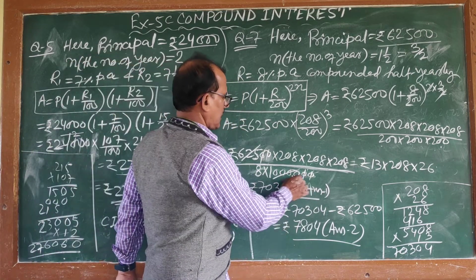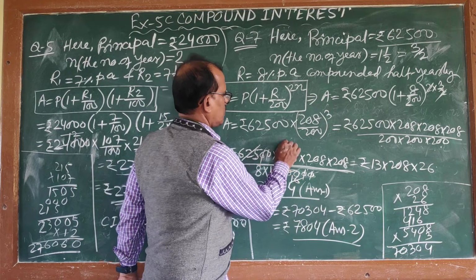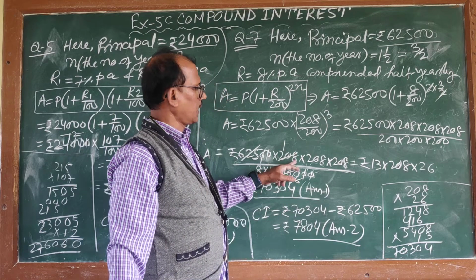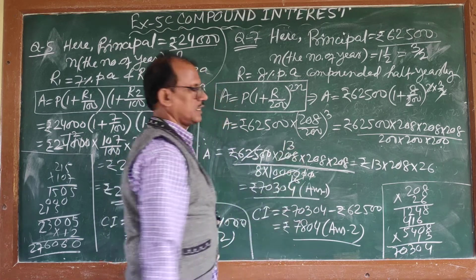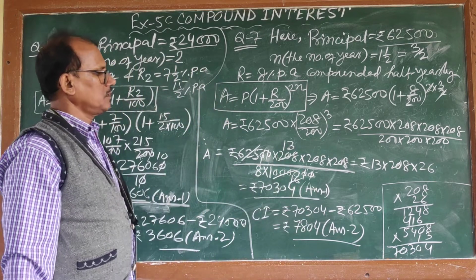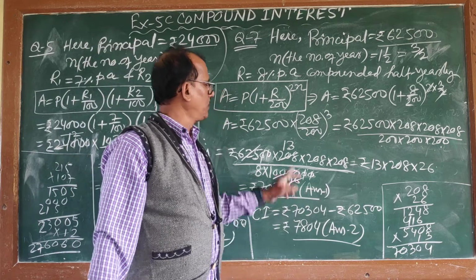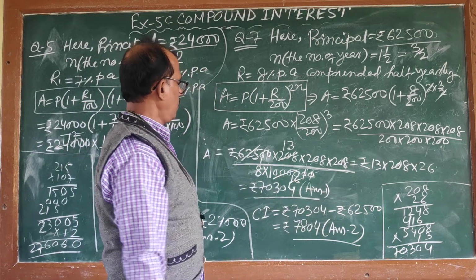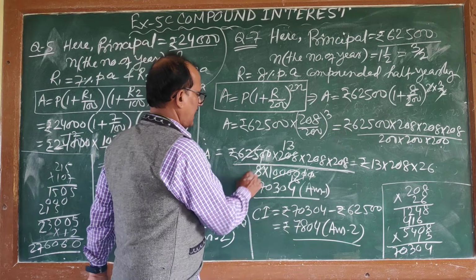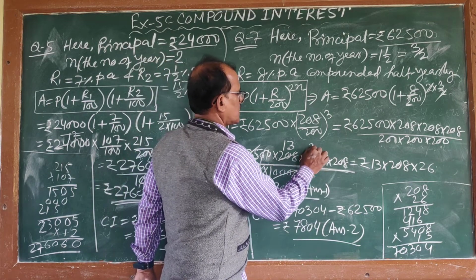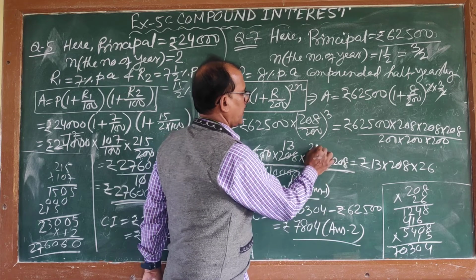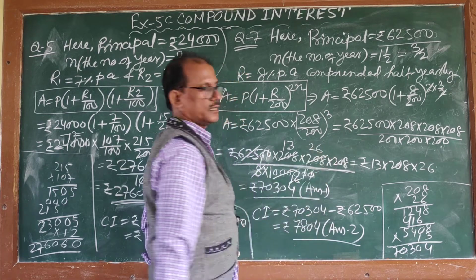Now this 16 can be cancelled in 208. 16 ones are 16, 16 threes are 48, so 13. 16 into 13 will become 208. Now what is left is 8. 8 can be cancelled in 208. 8 twos are 16, 8 sixes are 48, so 26.